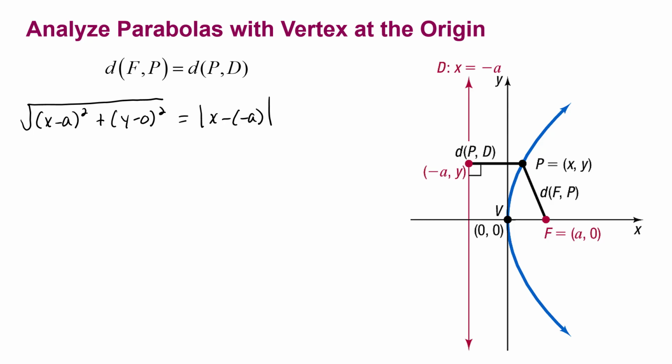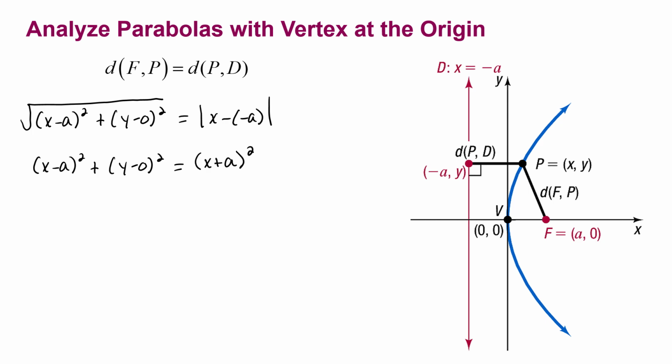Now with the equation that relates the two distances being equal to each other, let's square both sides of the equation and write it in an equivalent form. The quantity x minus a squared plus the quantity y minus 0 squared equals the quantity x plus a squared.